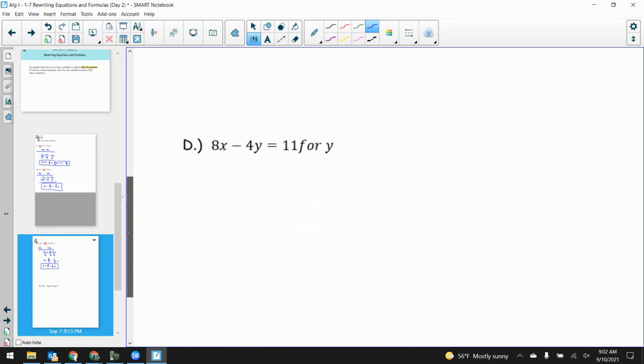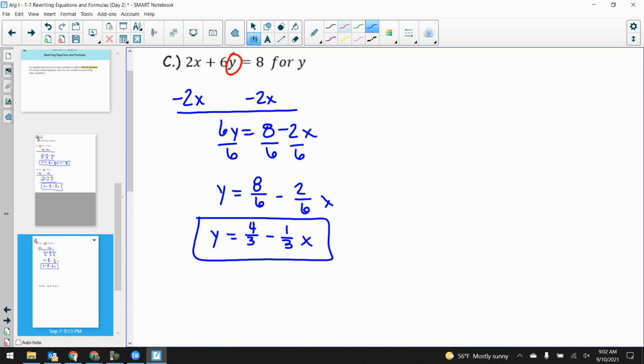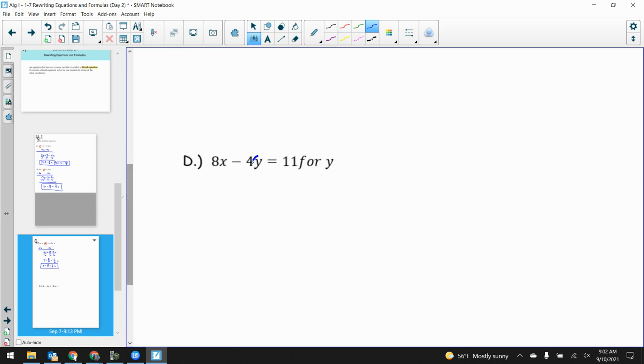Let's do this last one together. 8x minus 4y is equal to 11. Again, solving for y. So I circle y, I get y alone. What's my first operation to get y alone?